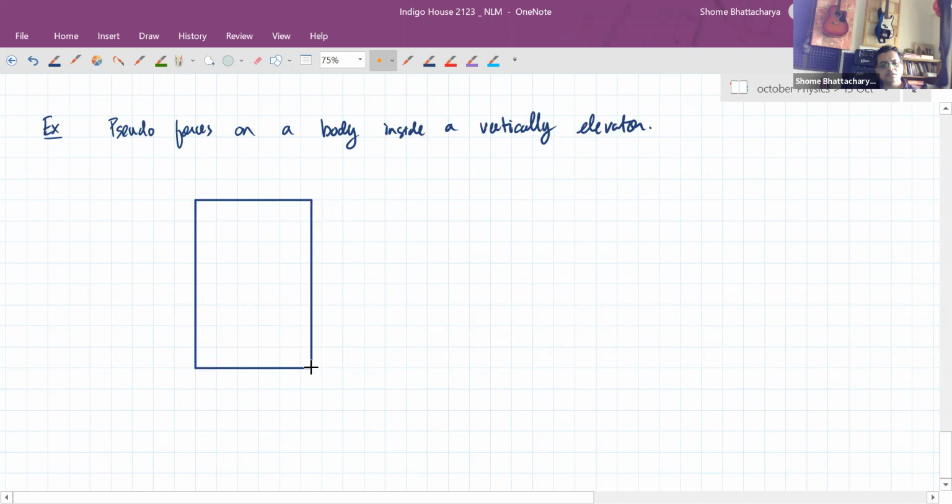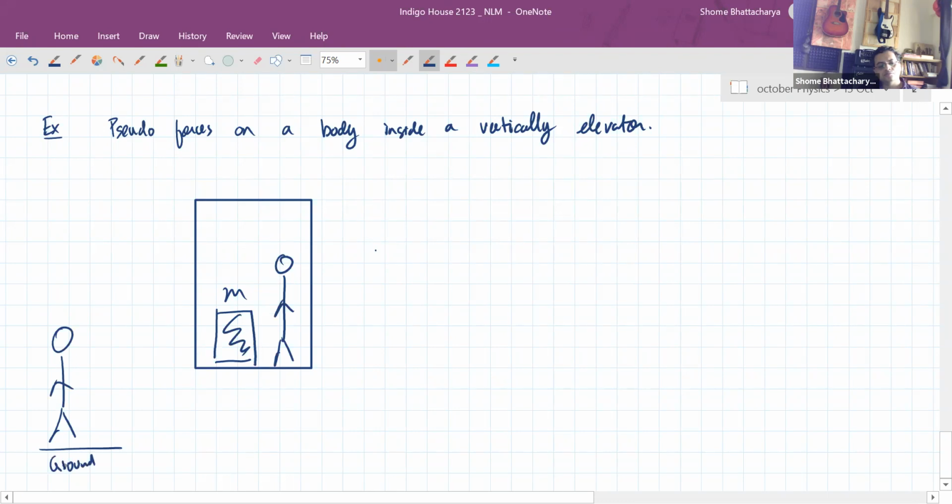Once again, there is a block of mass m. There is one person who is inside the elevator, and another person who is observing all this from outside the elevator, on the ground. All this is while the elevator is going up with an acceleration.